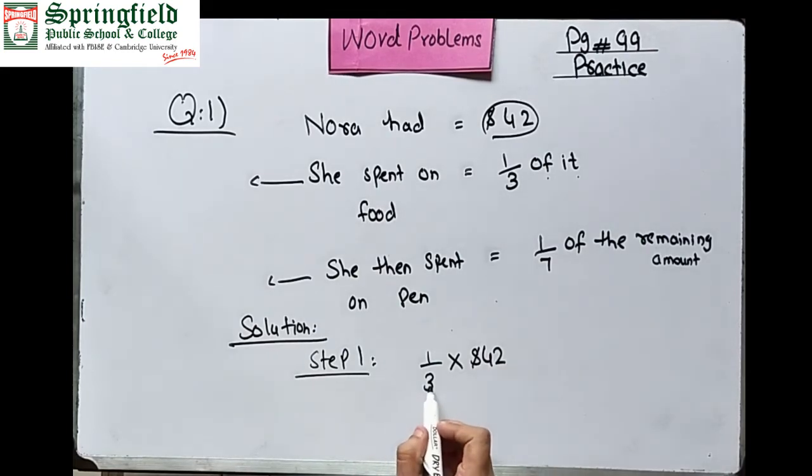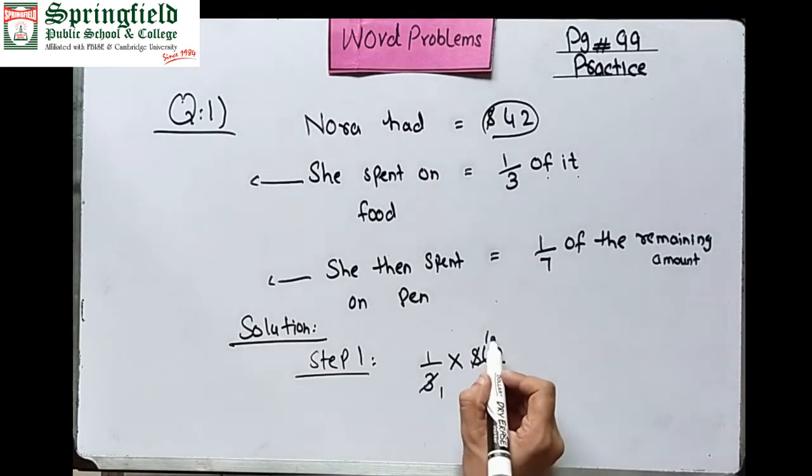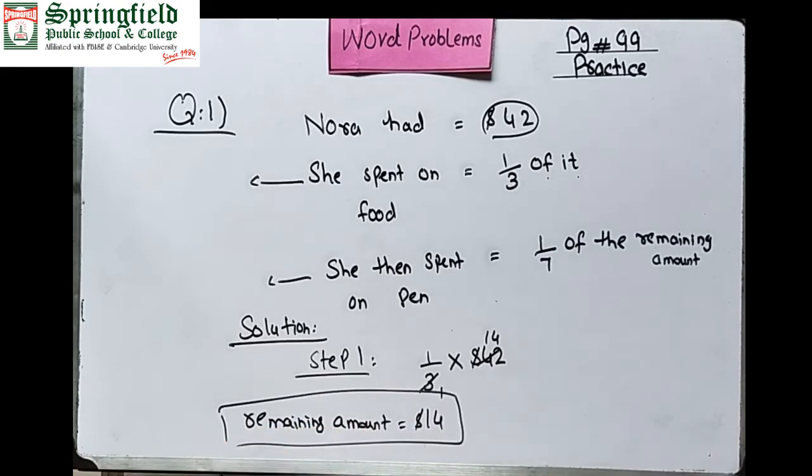We can use the table of 3. 3 ones are 3, 3 fours are 12. 14 multiplied by 1, $14. So the remaining amount after spending on food is $14.